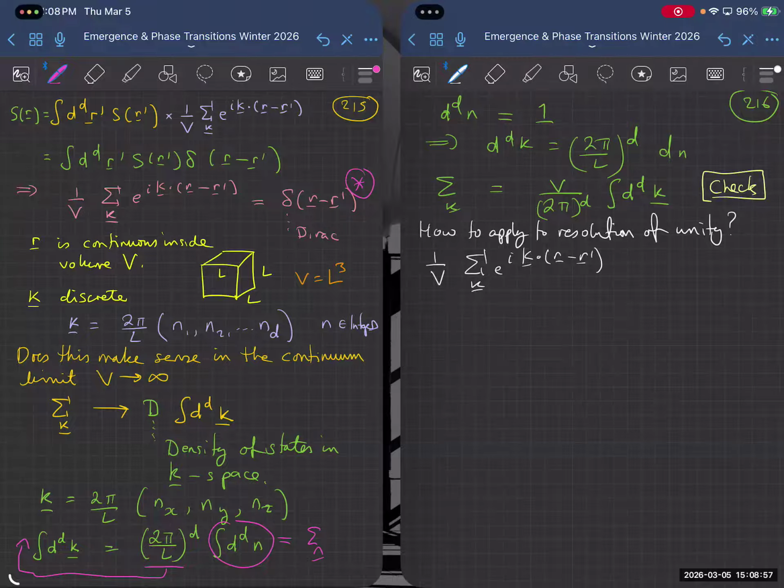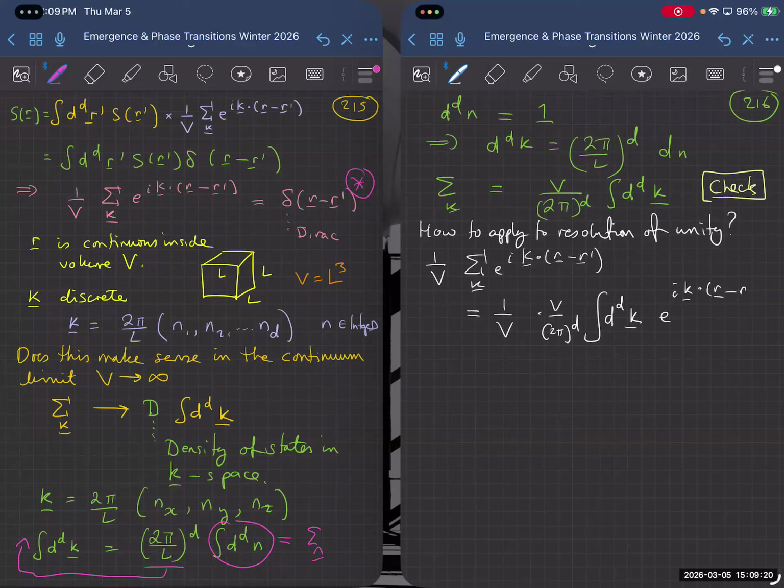We're going to write this as 1 over V, then turn the sum over k into V over (2 pi) to the power d times the integral d^d k, times e to the i k dot (r minus r').